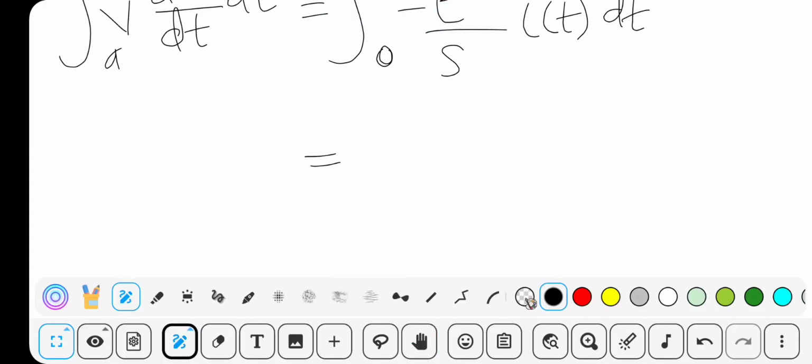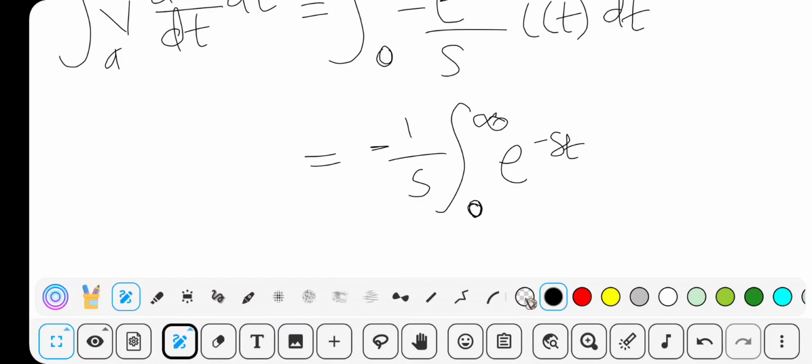This is equal to minus 1 over s times the integral from 0 to infinity of e^(-st) i(t) dt.